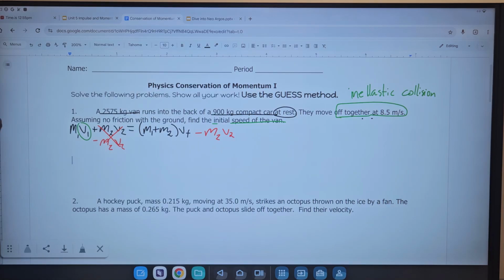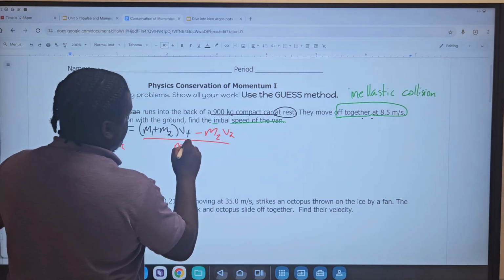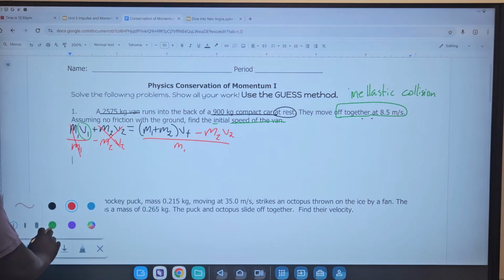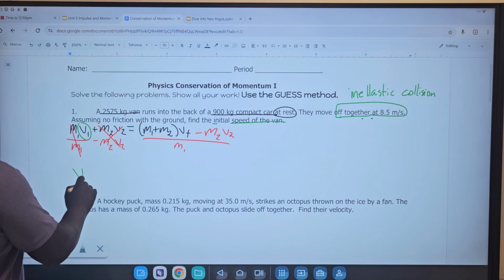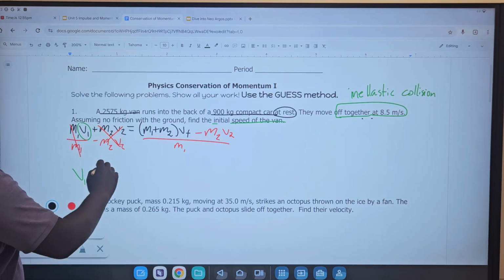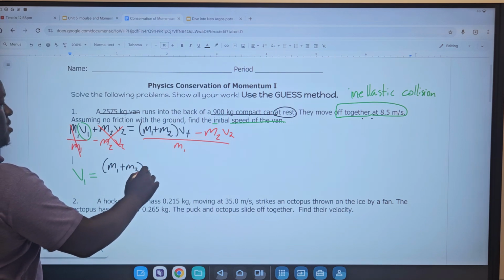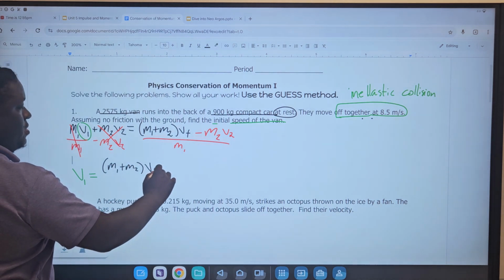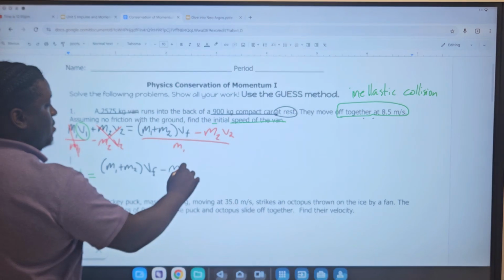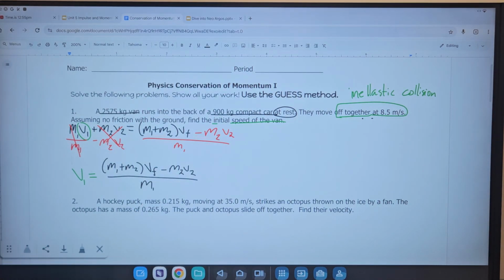The opposite of multiplication is division. So divide M1 on both sides, and you end up with V1 equals M1 plus M2 V final minus M2 V2 over M1.